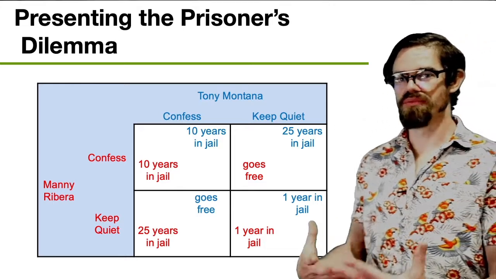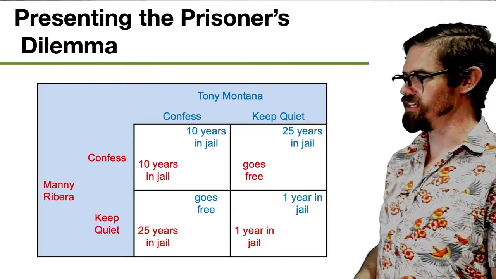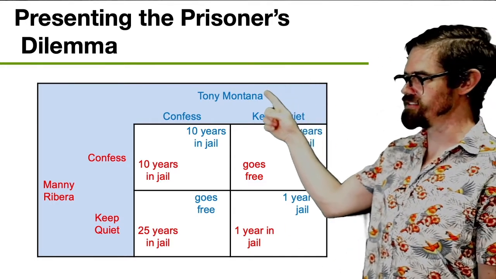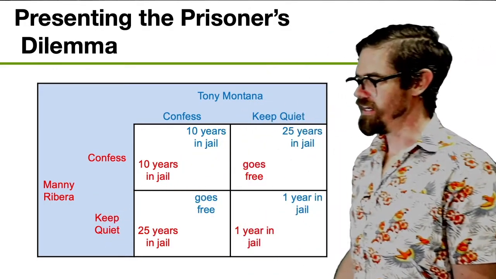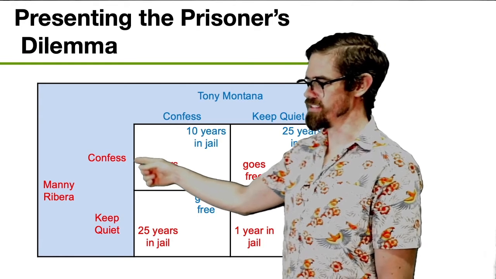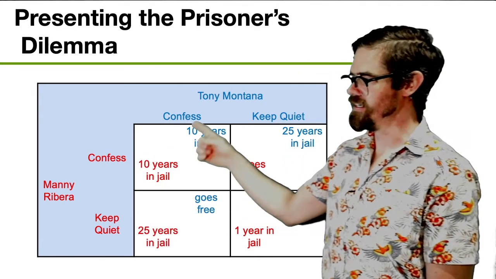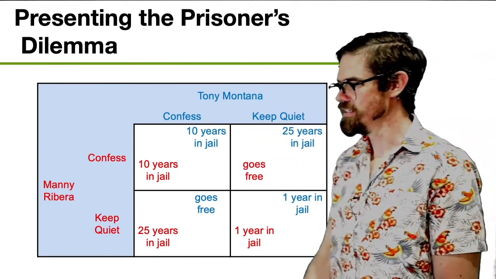And we can represent the prisoner's dilemma in a game table like this. It makes it somewhat easy to analyze. So the way that we look at this game table is we've got our two players. We've got Tony Montana here and Manny Ribera. And you see along next to their names are their two strategies, confess and keep quiet here for Manny, and confess and keep quiet here for Tony.